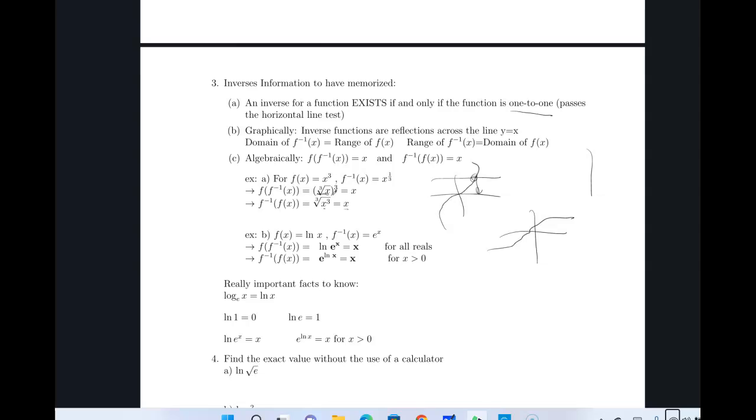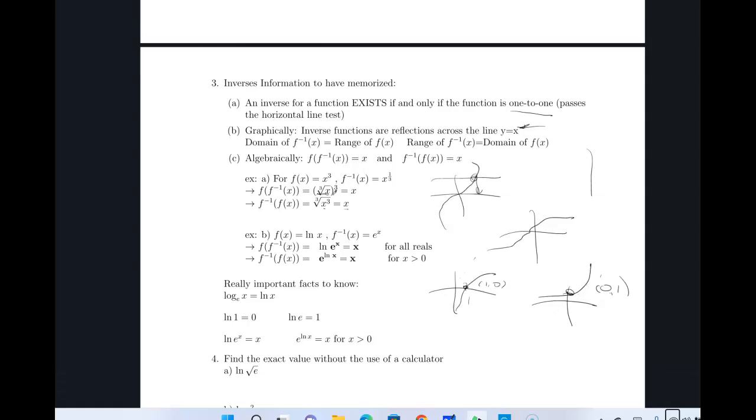So if I've got ln of x, which you know looks like this, and then e to the x, which you know looks like this. So another fact is that they're mirror images across the line y equals x. So you can see that. This is the point (1, 0), and this is the point (0, 1). So the x's and y's switch.